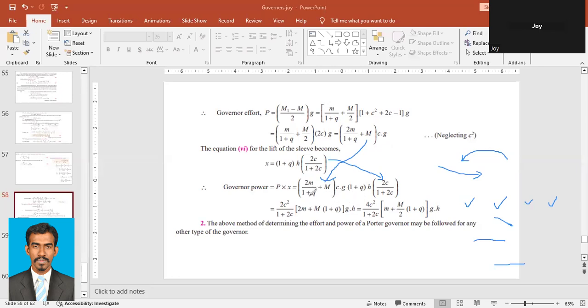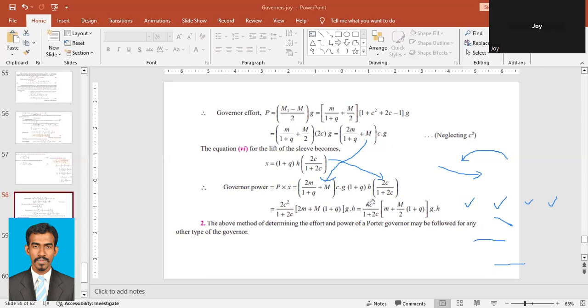Why? Because this 1 plus q and this 1 plus q will be cancelled out. So for 2m, there won't be any 1 plus q. This m into 1 plus q, into g into h. When you open the bracket, we have a 2m here. There's a 2c squared here.